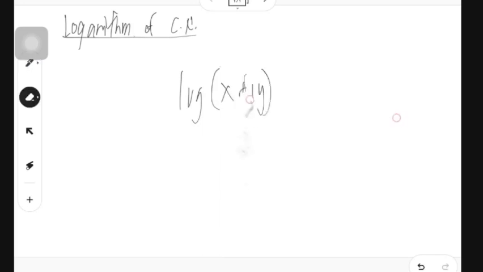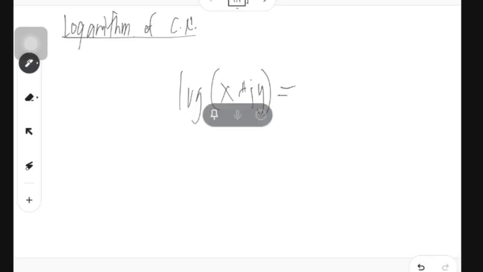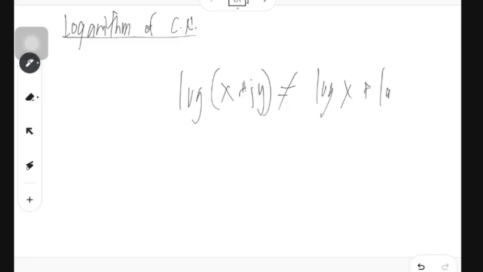What property on logarithm can we apply? We cannot separate the real part from the imaginary part. It is not equal to log of x plus log of jy. So it means to say that logarithm of a complex number in rectangular form is not possible.